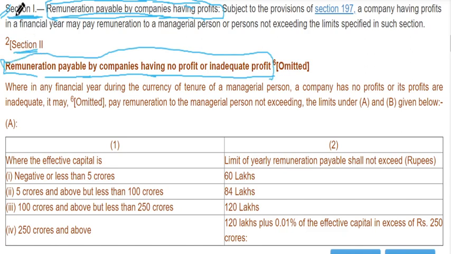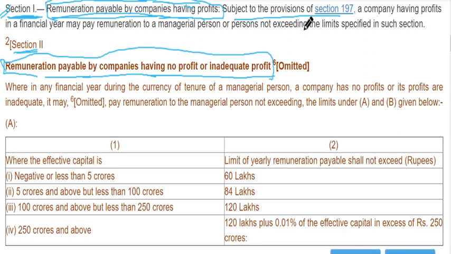Let's see what Section 1 of Part 2 of Schedule 5 states. Remuneration payable by companies having profit, subject to provision of Section 197.